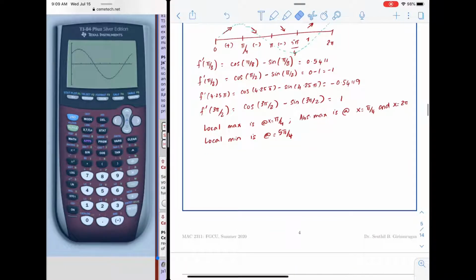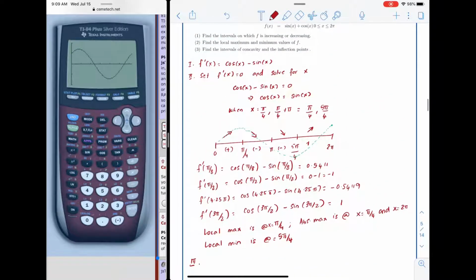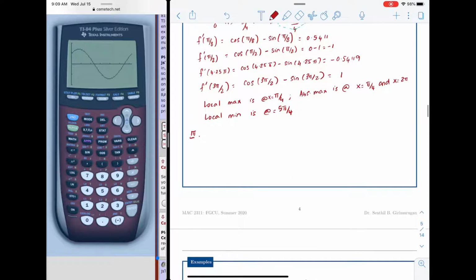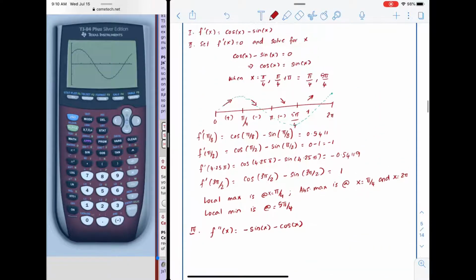The next step is to find the second derivative to identify the concavity of the function. So f double prime of x would be minus sine x minus cosine x. I'm taking the derivative over there.